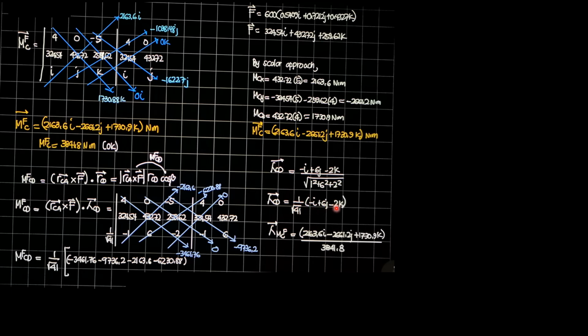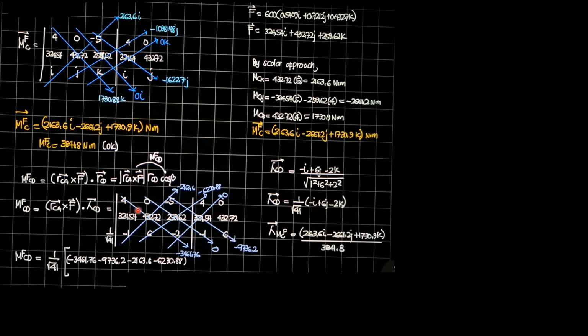Then we have RCA, components of RCA: 4, 0, negative 5, copy 4, 0. Components of the force, then components of lambda CD: 1 over square root of 41, negative 1, 6, negative 2, then copy negative 1 and 6.